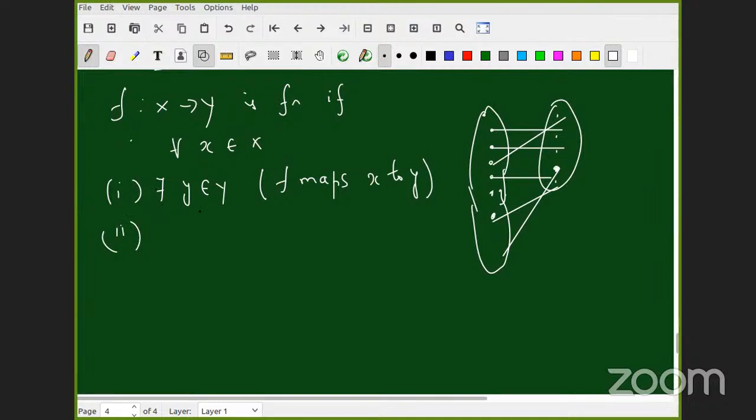So what is uniqueness? Let's draw the picture and understand. Can I have a function like this? Other points are going to other points, but don't worry about them. Whatever I'm drawing, is it a function?